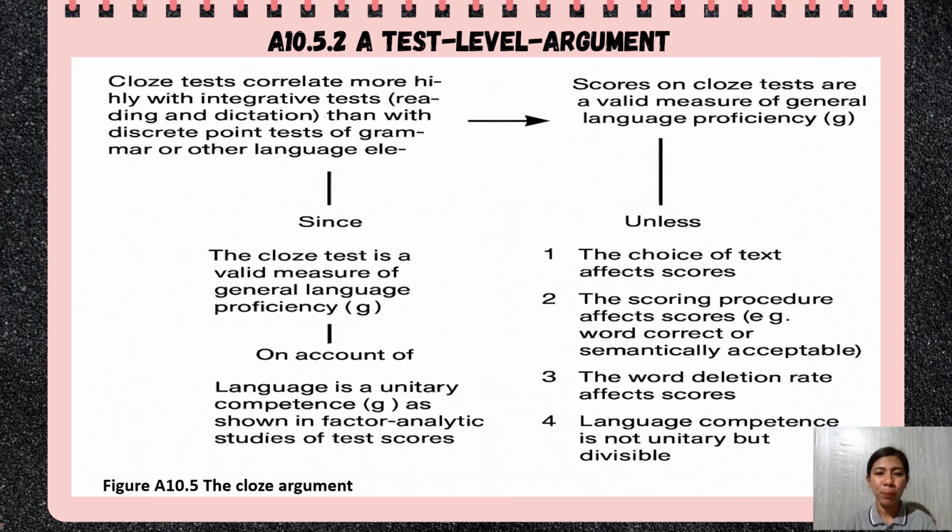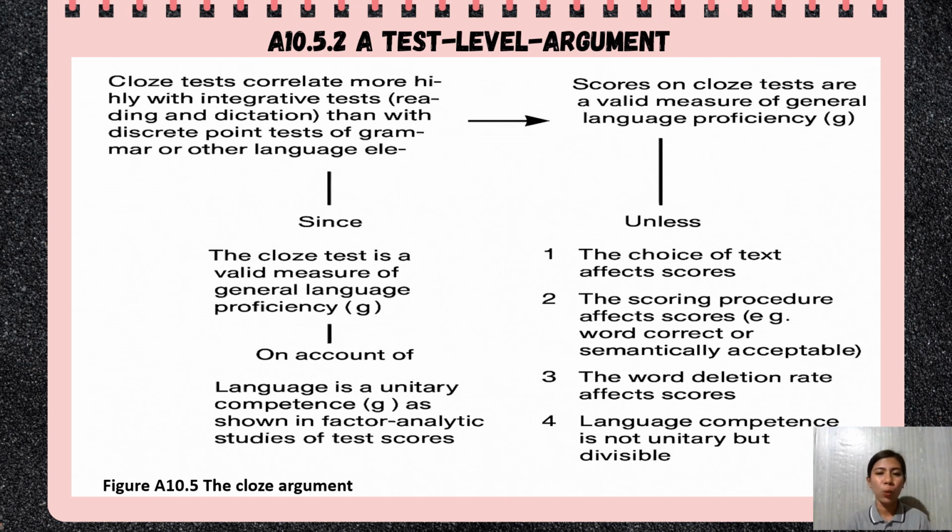While some people disagree by challenging the arguments. These are the reasons to doubt the validity of the cloze test, which are located on the right side. The first one is the text chosen for the test affects scores, as some texts are harder or easier for certain people. The second is how the test is scored changes the results.